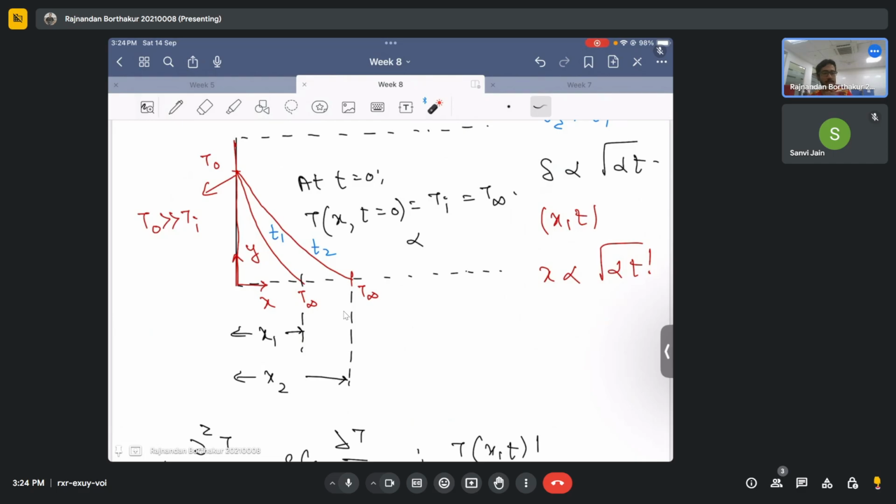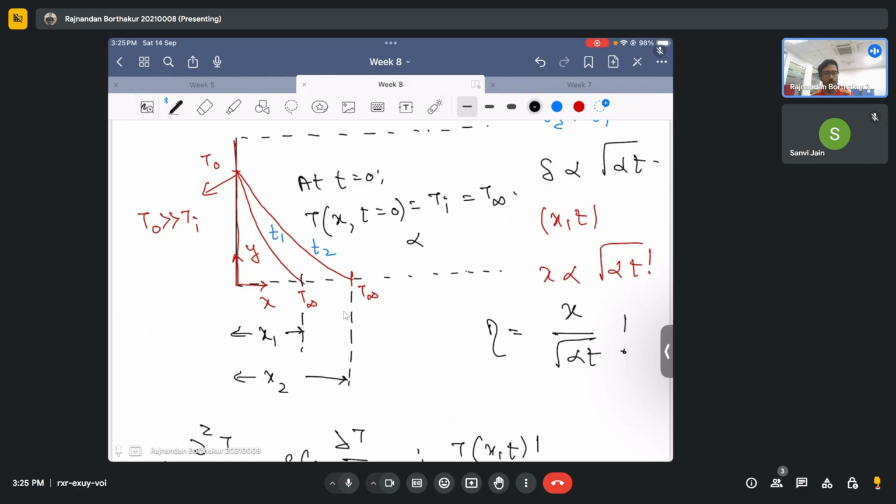You can interpret this as a good recipe for using the method known as the similarity solution. In the similarity solution, you define a similarity variable, let's say eta, which relates how the independent variables are linked to one another. For instance, you can define eta as x by square root of alpha times t.